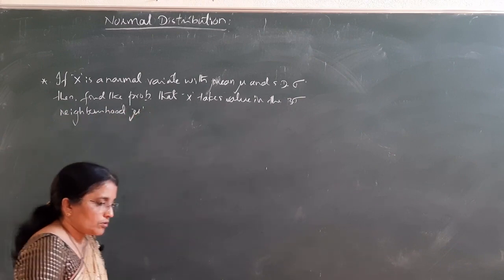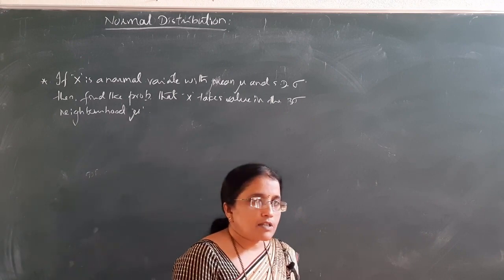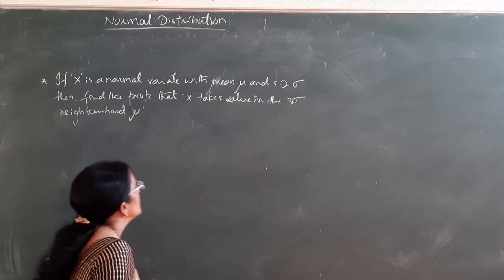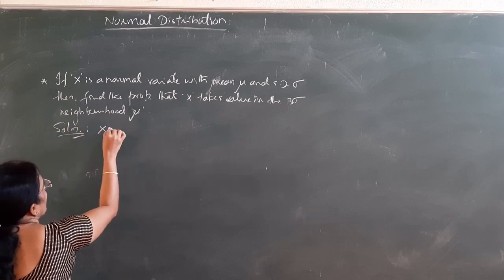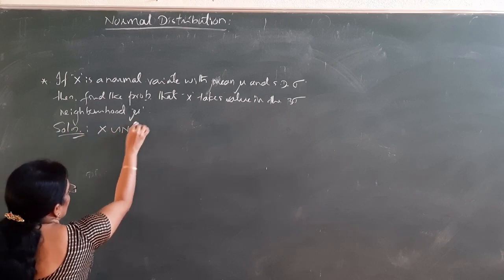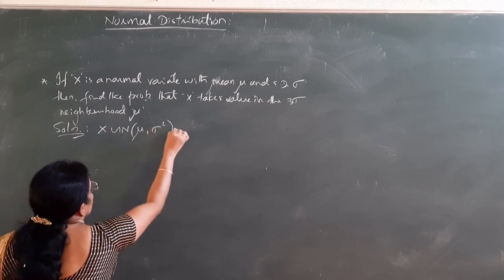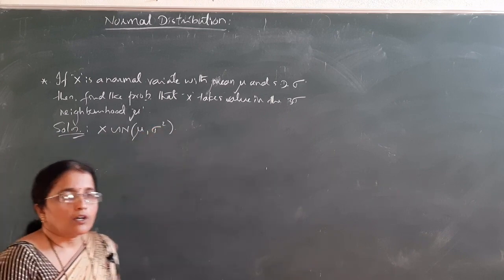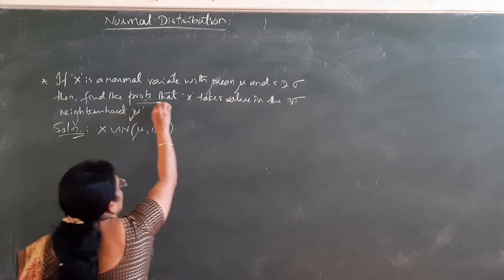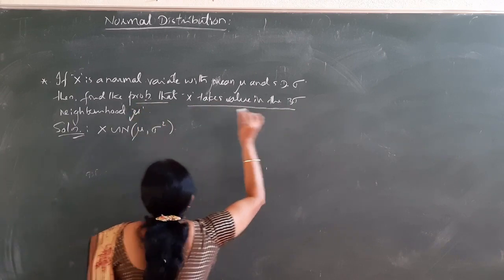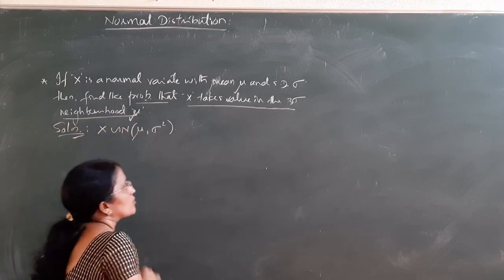Now, to do this problem, let's first see what is given. It is given x is a normal variate, x follows normal with mean mu and variance sigma square. What is to be calculated? The probability that x takes value in the 3 sigma neighborhood of mu.